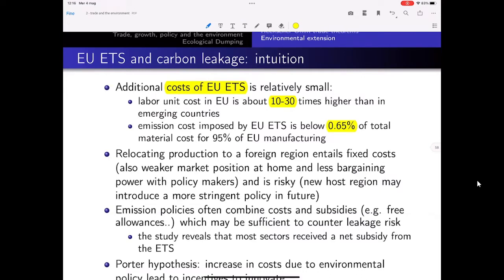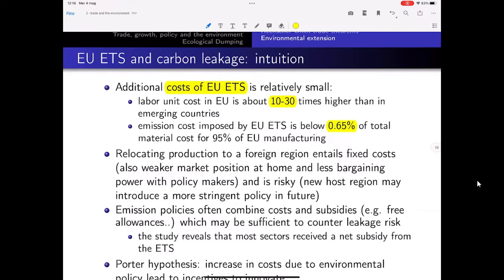And then they also argued that relocation of production activity is risky and costly, and that's why firms might not be inclined to do so. So they might prefer to stay at home rather than shifting production abroad.